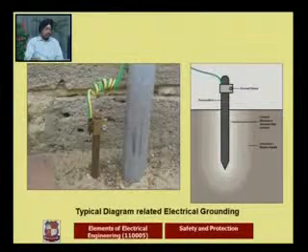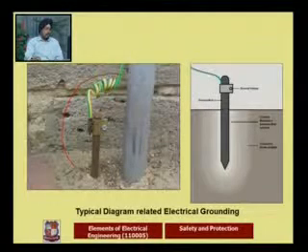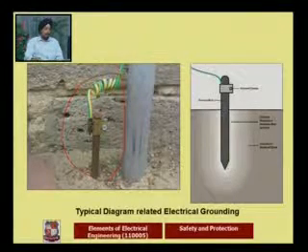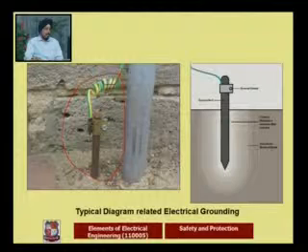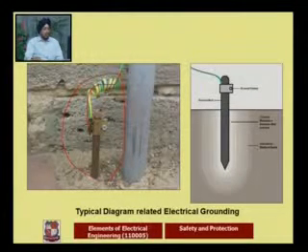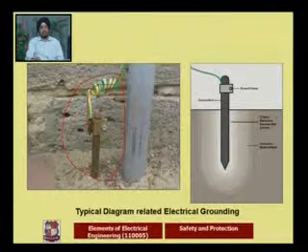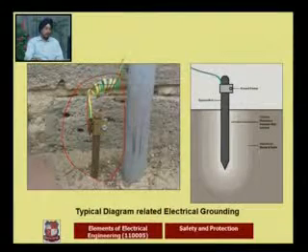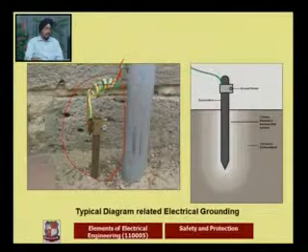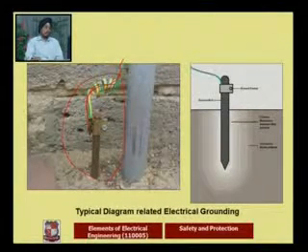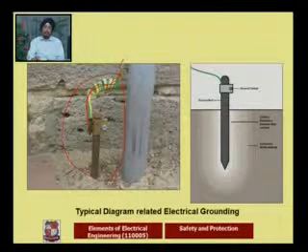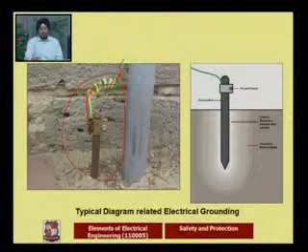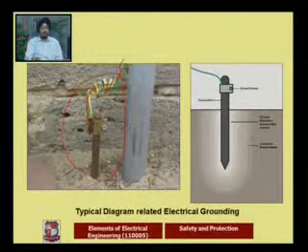On the domestic side, let's go with this figure. It shows one rod and one wire coming, which is the earthing wire, connected to that rod. This rod or pipe will be the grounding one. In case of a fault or leakage, all that fault quantity will come this way and go to the ground. You will find such a thing if you look carefully outside a home or residence in domestic wiring.